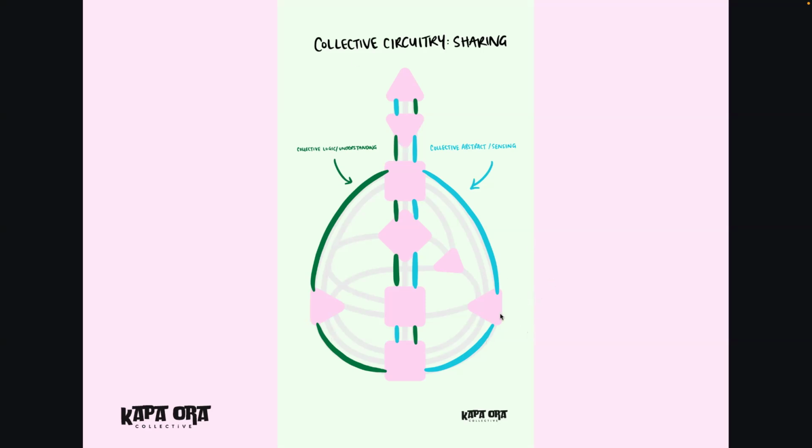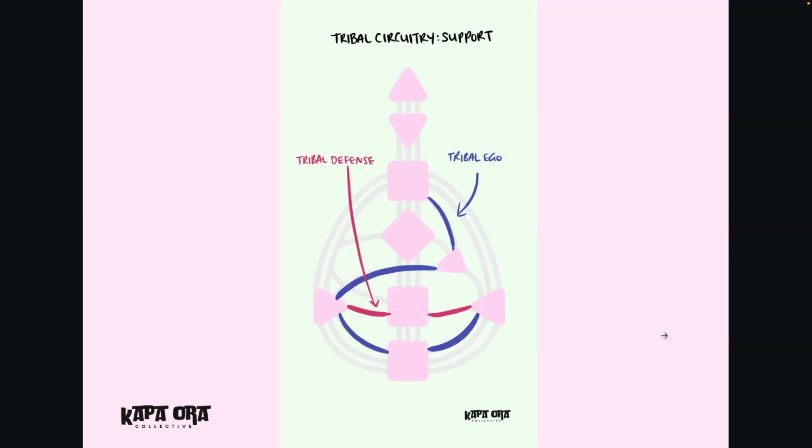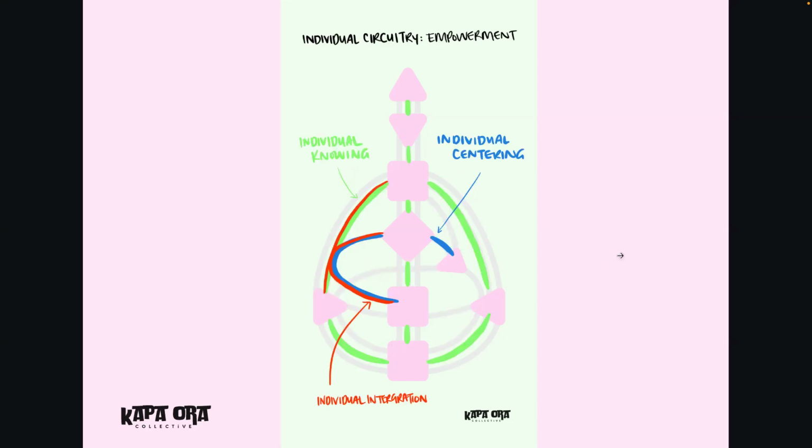I'll just quickly go through the other two at a high level. So the next circuitry is tribal. Okay, and we've got two types of tribal circuitry: defense and ego. This is the route for tribal defense circuitry. This is the route for tribal ego. The third type is individual circuitry.